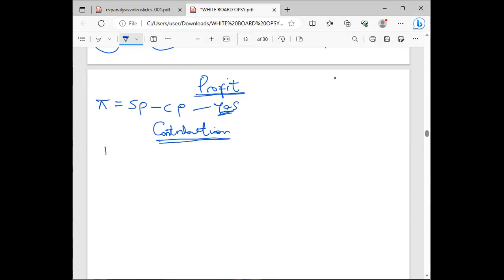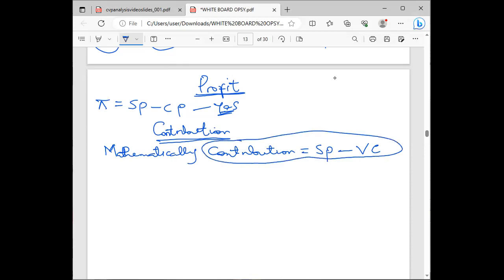And contribution mathematically is equal to selling price minus variable cost. In essence, my definition here is what? When I'm talking about contribution per unit, it means selling price minus variable cost per unit.